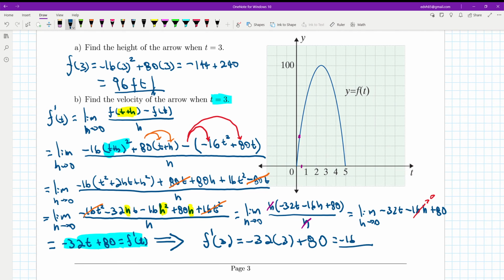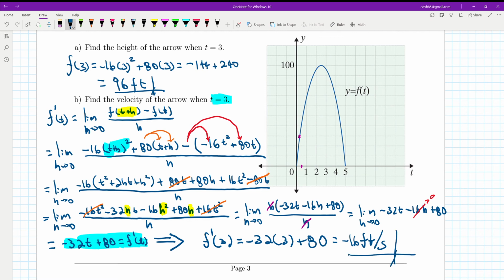And in this case, we need feet per second, because this is a velocity. Velocity is distance over time, feet per second. Let me write this negative 16 more neatly. Negative 16 feet per second.